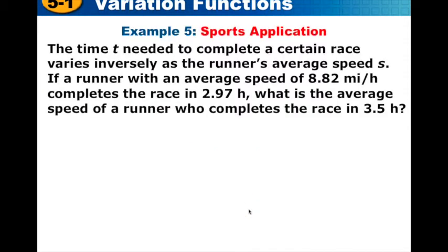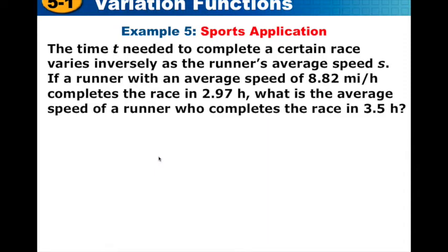Okay, so example. The time t needed to complete a certain race varies inversely as the runner's average speed s. If a runner with an average speed of 8.82 miles per hour completes the race in 2.97 hours, what is the average speed of a runner who completes the race in 3.5 hours? We're going to do it first by making an equation.